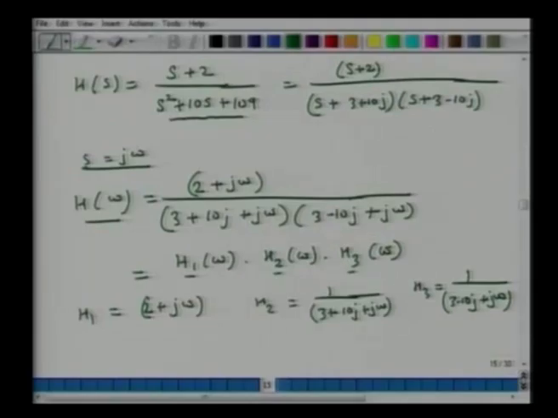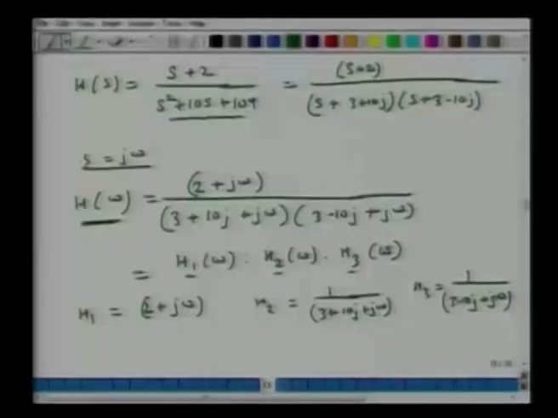My next step will be to construct a Bode magnitude plot for H1, for H2 and for H3. And then I will sum these Bode plots up, because if I take a logarithm of H, it is the same as log of H1 plus log of H2 plus log of H3. So it's a valid mathematical exercise to construct individual log plots for H1, H2, H3, and then sum them up, and that is my total Bode plot for the entire system.